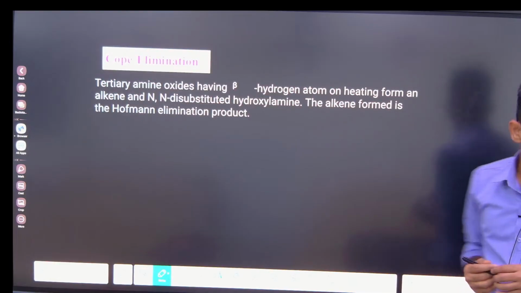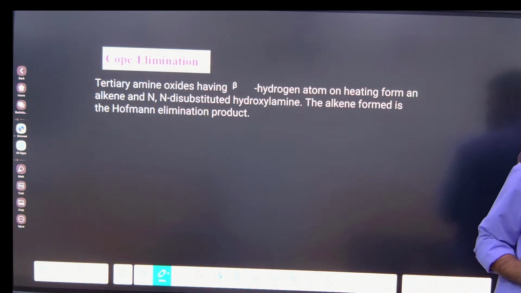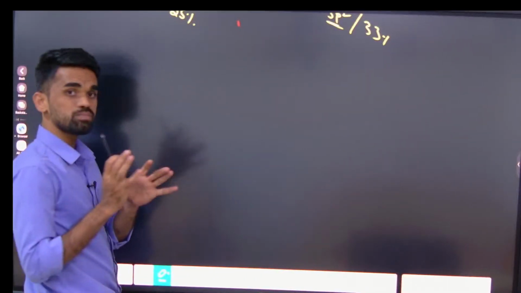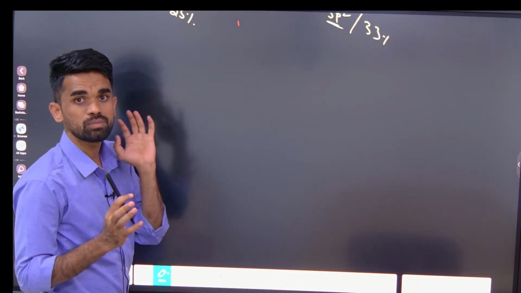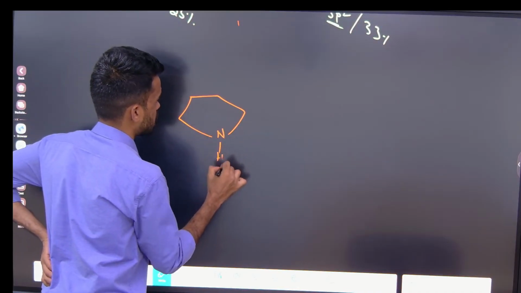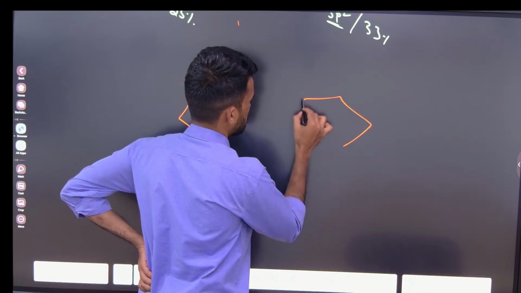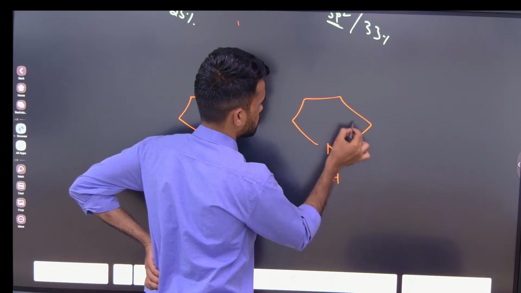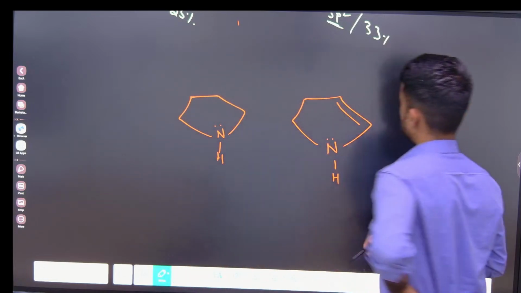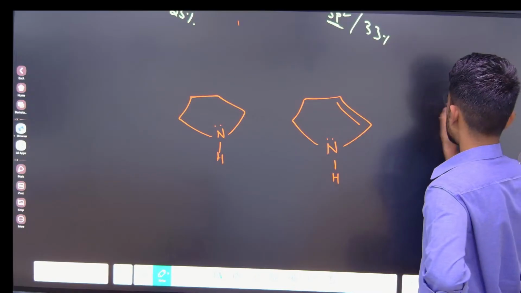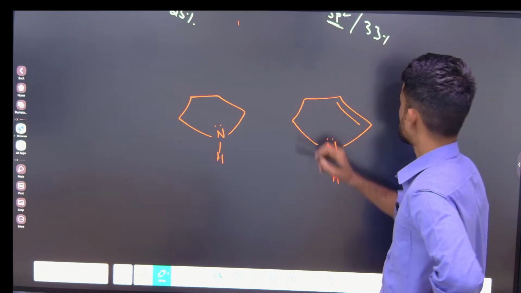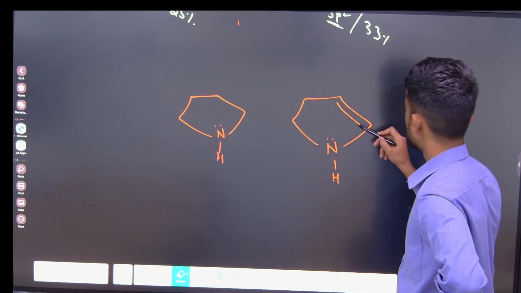So the next one is Cope elimination. Just tell me what is Cope elimination. Before going to this, I will give you one more question. You can expect direct questions on amines based on their basic nature. Here I am writing. Yesterday's class I gave this question as homework.